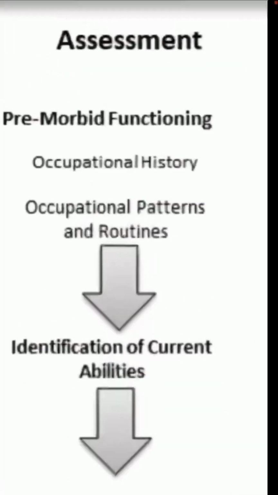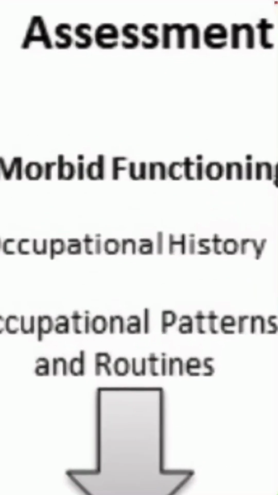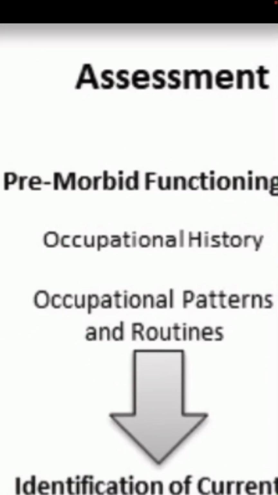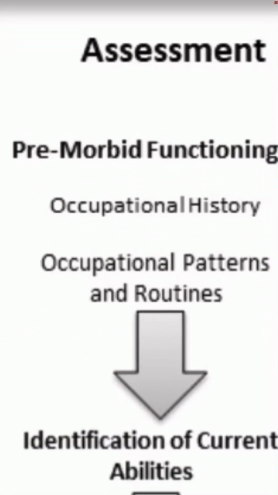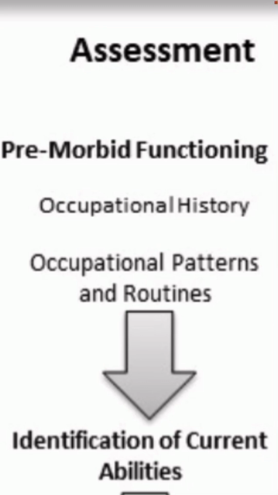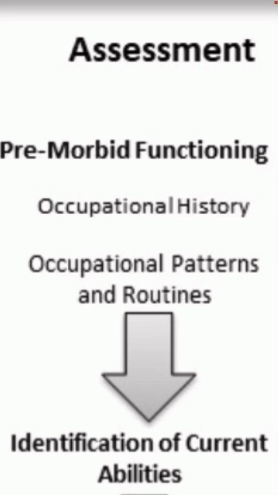When you are doing an assessment with your patient, the first thing that you need to do is establish the patient's pre-morbid functioning, or their abilities prior to seeing you. If you are seeing them in the hospital, it is a contrived context. It's not a usual context.